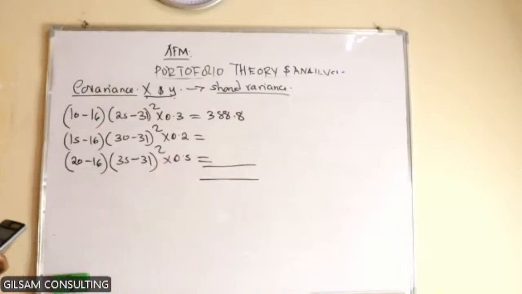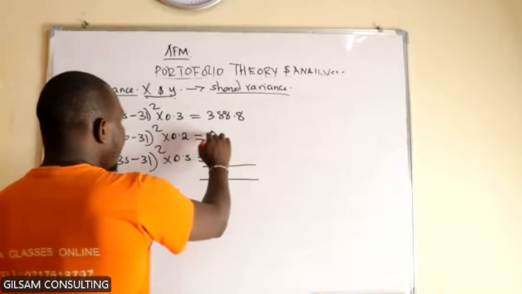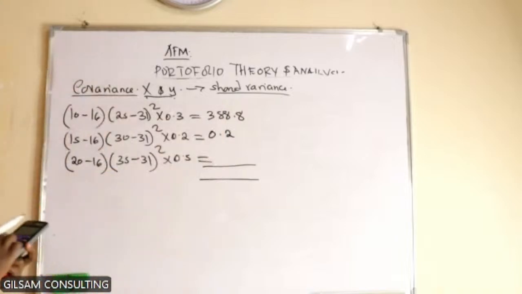Open the bracket 15 minus 16, open the bracket 30 minus 31, which is 0, squared, multiplied by 0.67. This is the weight of the other one. 20 minus 16. Now we have been told that the weights should be equal to 1.